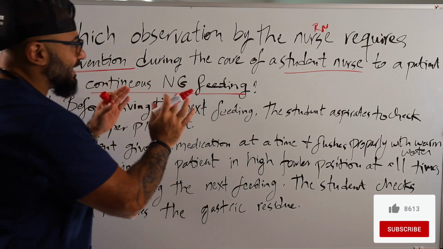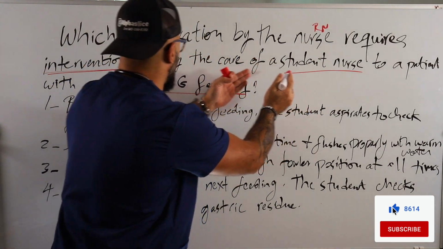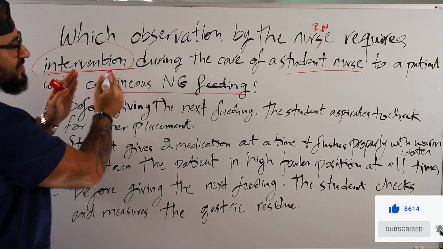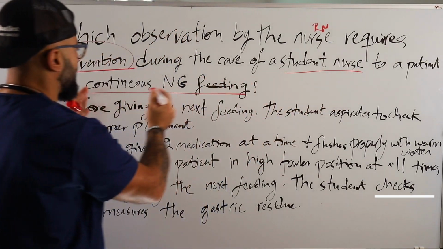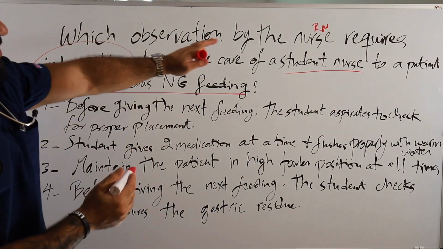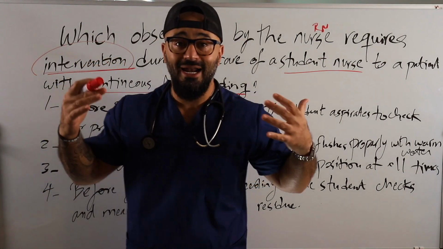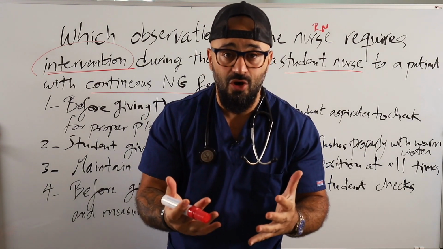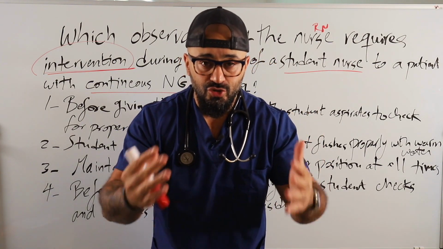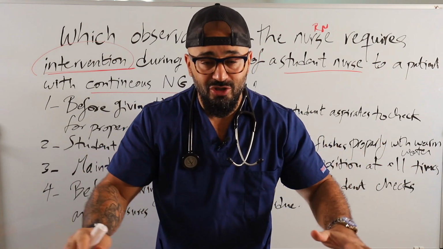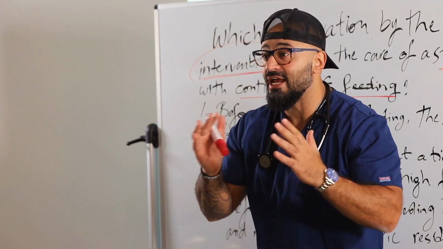The main thing is, I've got a trainee, and she's doing something wrong. So what observation during the care of the student nurse to the patient requires intervention? Now I highlight keywords. If I want to rephrase the question in my own words, this is what I would do. I've been a nurse for 15 years, so I've preceptored tons and tons of nursing students and new graduates.